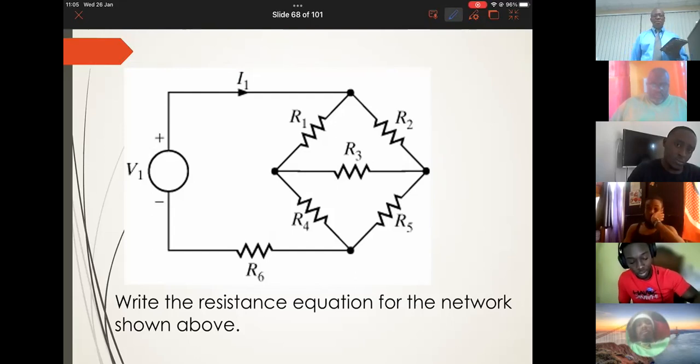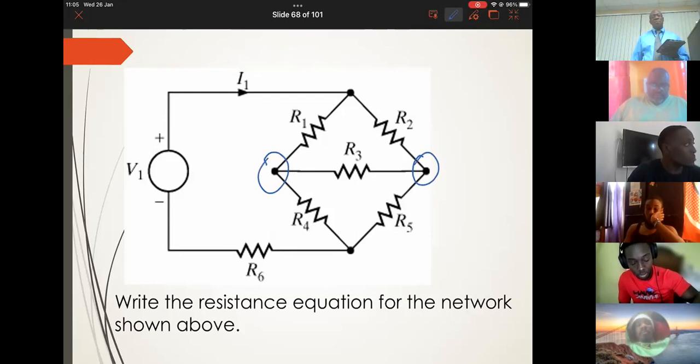After the current leaves R4 and 5, what happens? What leaves R5 is shared between R3 and 2, and what leaves R4 is shared between R3 and 1. And that is where your confusion was. Yes, sir. So at these two nodes, you had an issue.